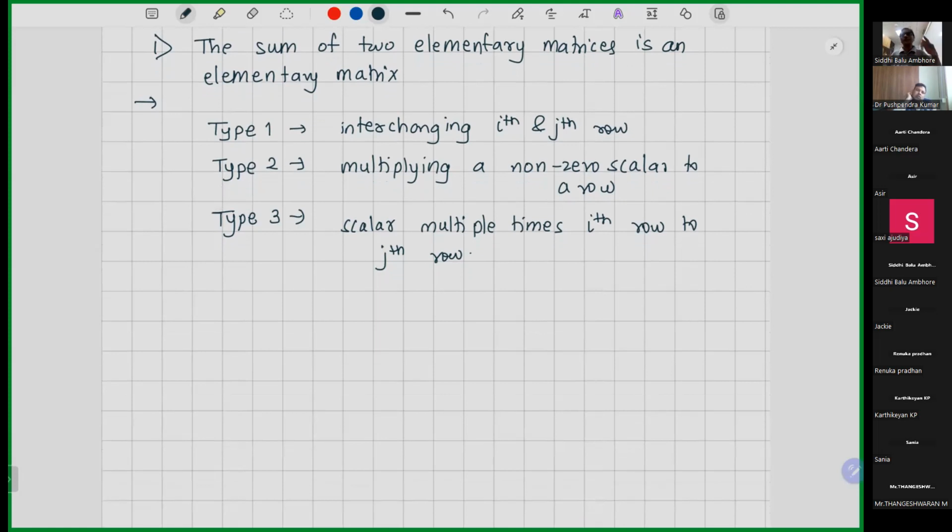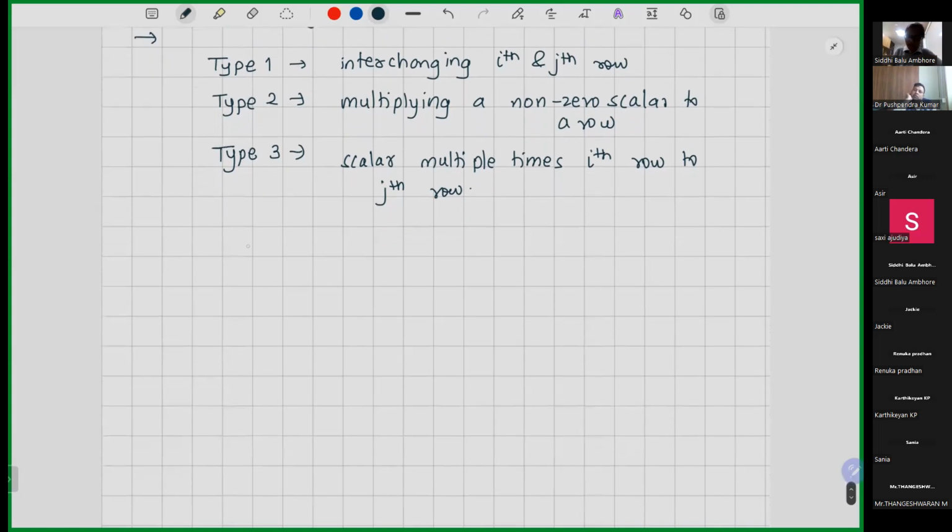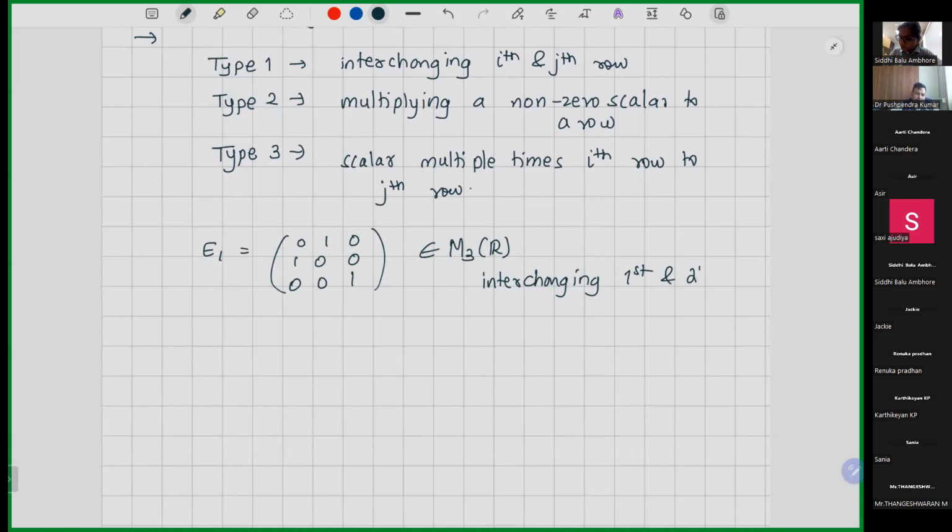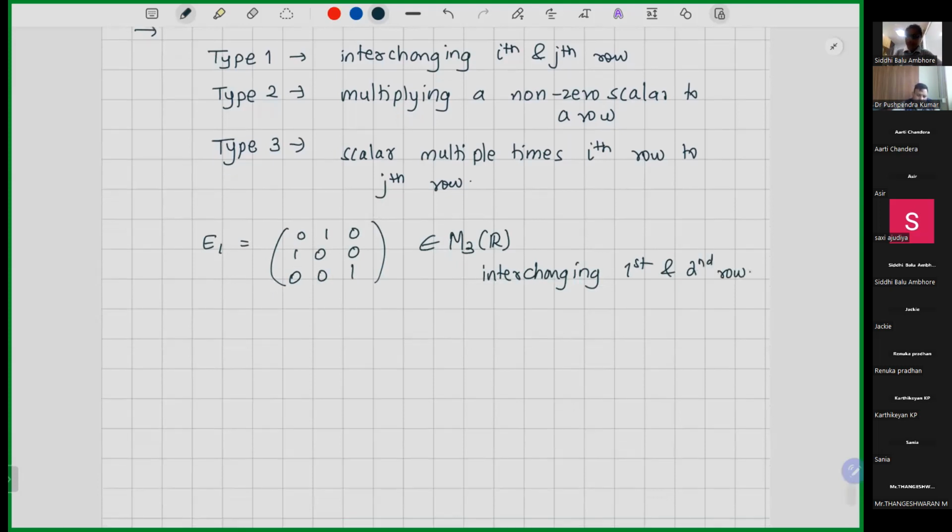We can have plenty of examples, but just one which I would like to give here is this elementary matrix E1 is 0 1 0 1 0 0 0 0 1. This matrix is in M3(R), and what we are doing is interchanging the first and second row.